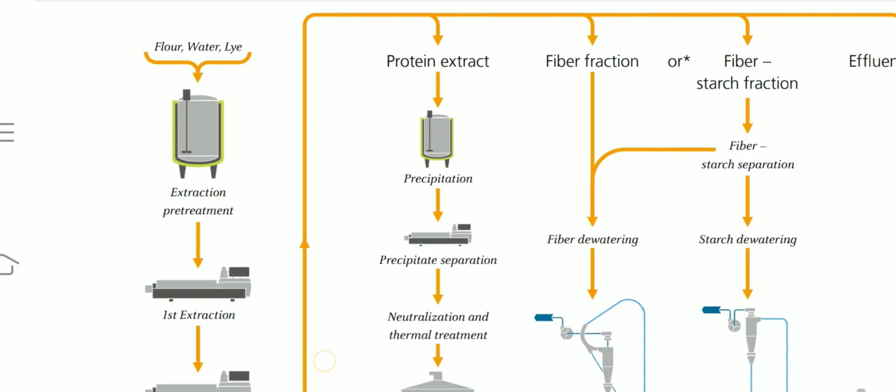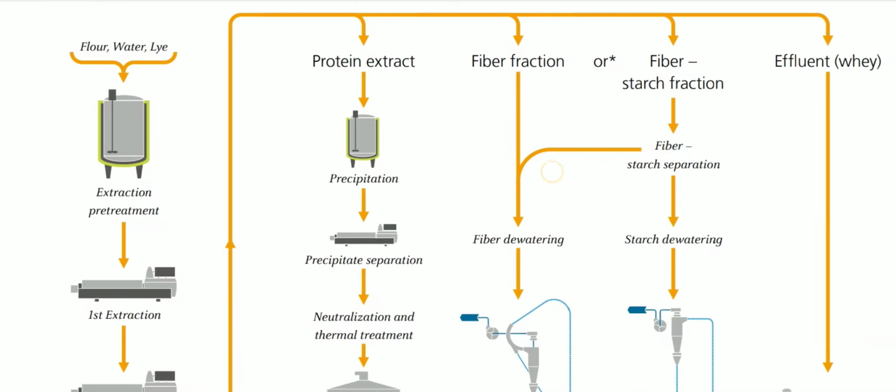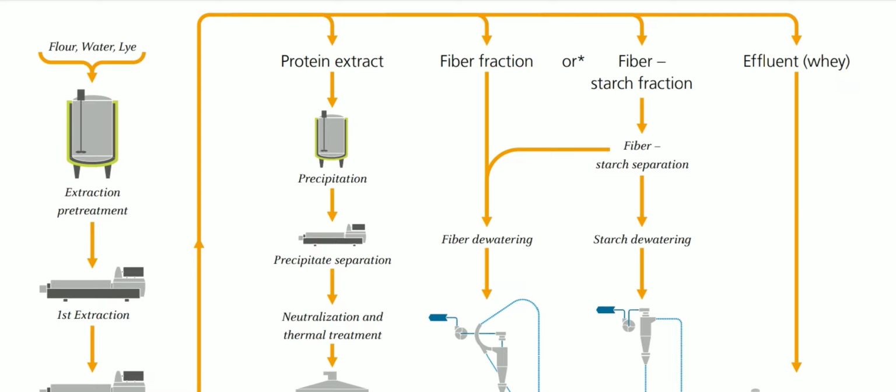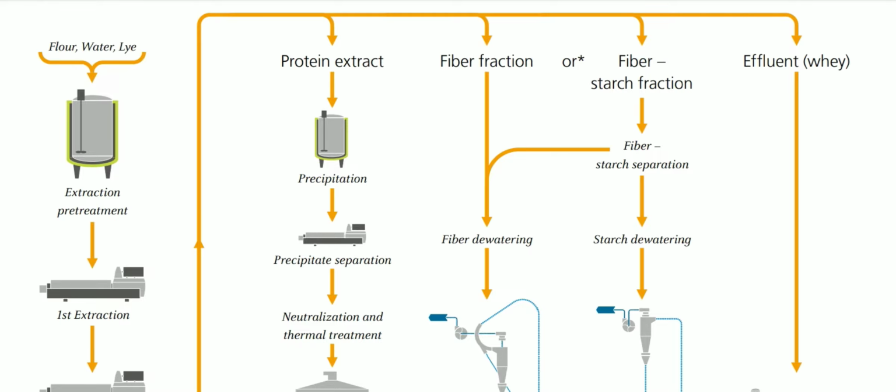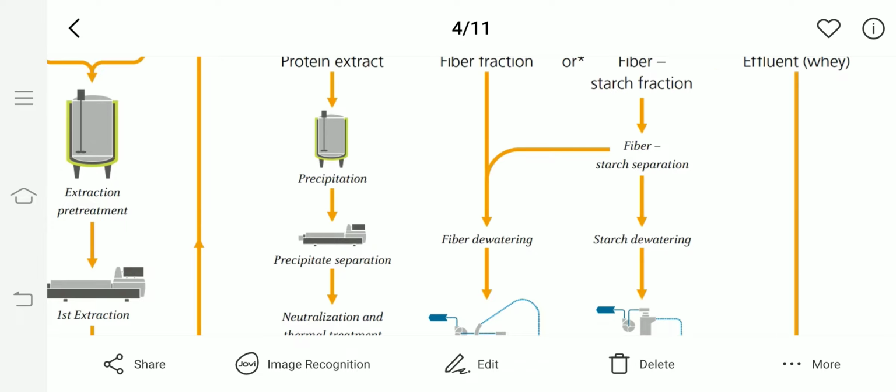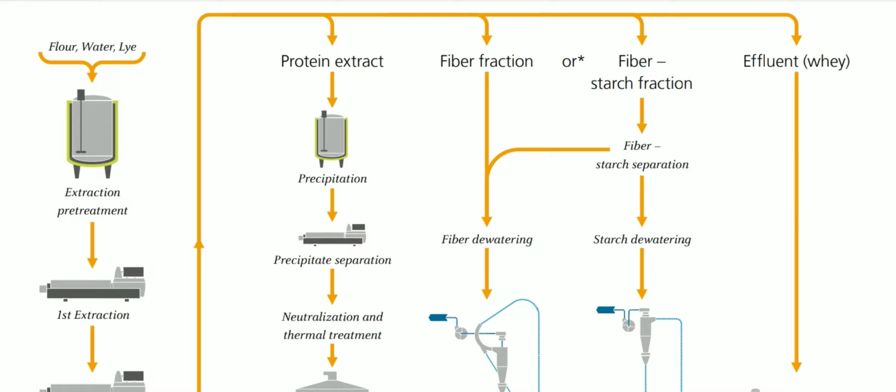Then we can see that this two-stage extraction separates four things from the flour: the protein extract first, fiber fraction 2, or it can be the fiber starch fraction, then the whey.